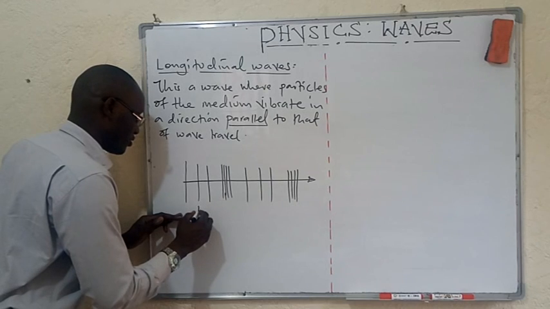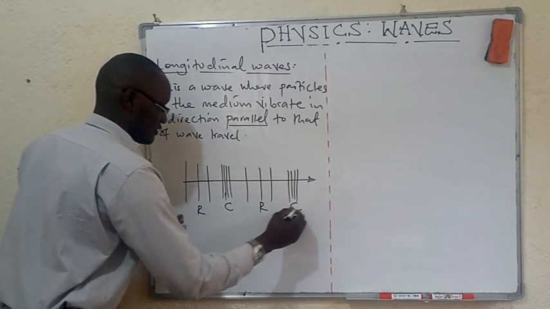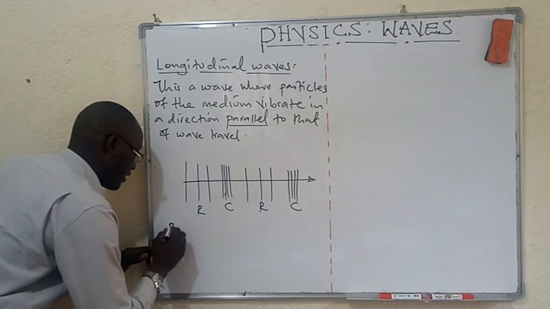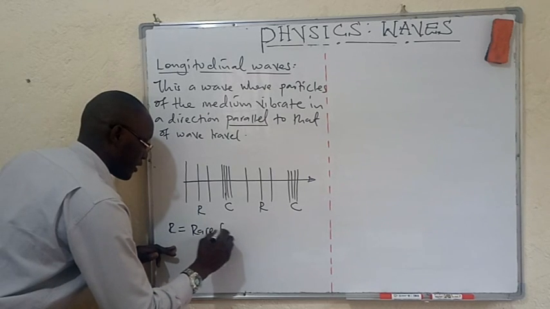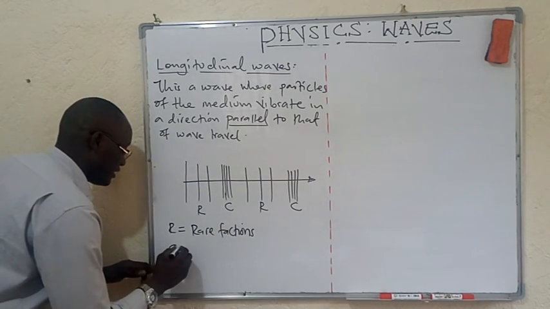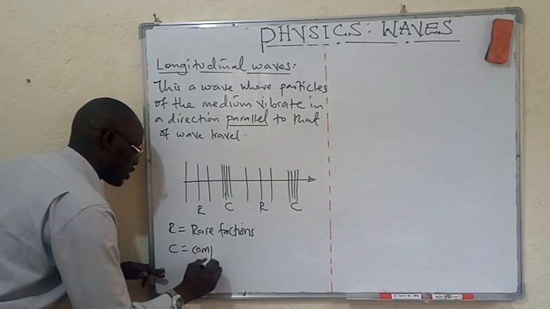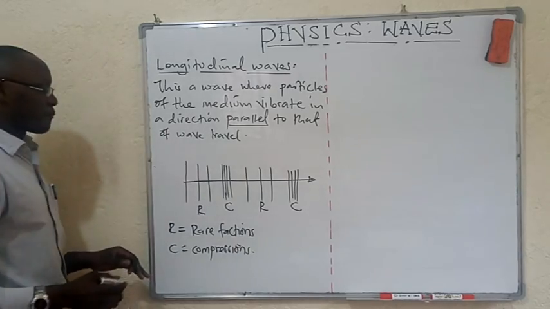So this is the region R, this is region C, this is R, this is C. R means rarefactions. C are what we call the compressions.